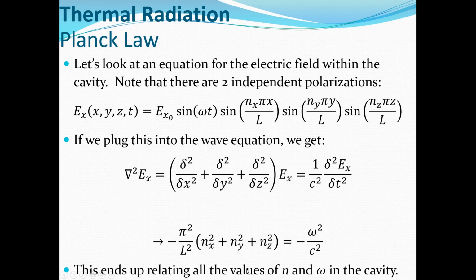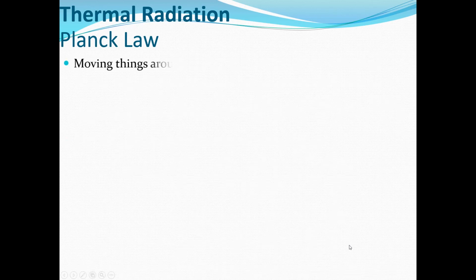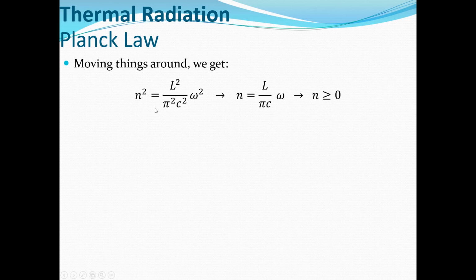So this ends up giving us a relationship between the number of modes in the x, y, and z direction and the frequency. That equation can be simplified to look something like this, and we end up getting this equation that again relates the number of modes to the frequency.